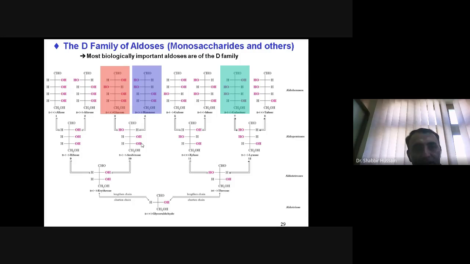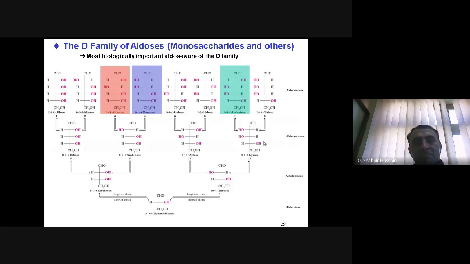Therefore, this is called a D-arabinose, right? So this D configuration is due to this hydroxy at the highest chiral center. Suppose in D-glyceraldehyde there is only a single chiral center, right? In which the hydroxy is towards right side. Okay.